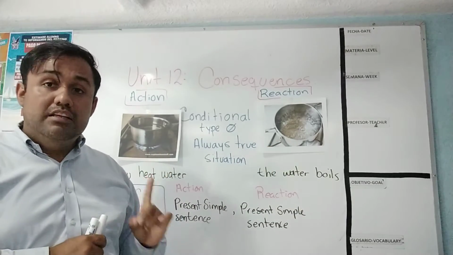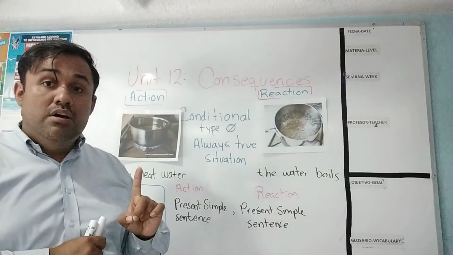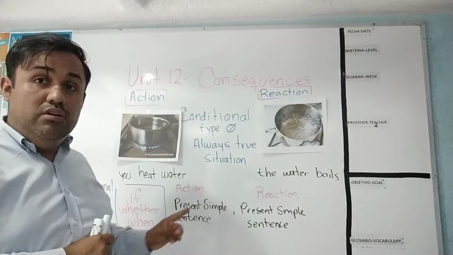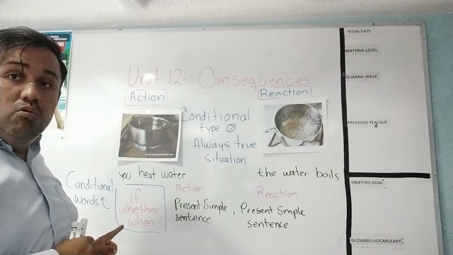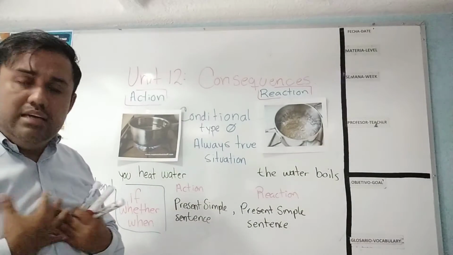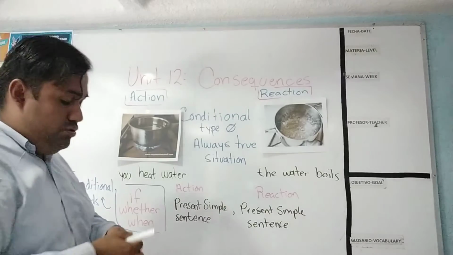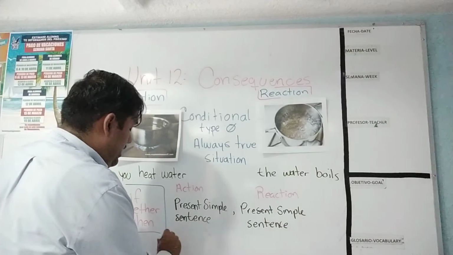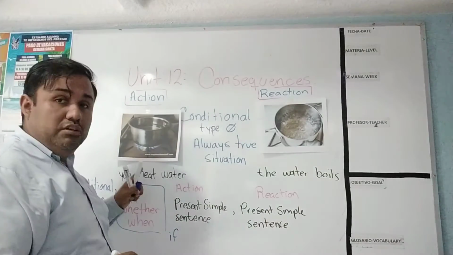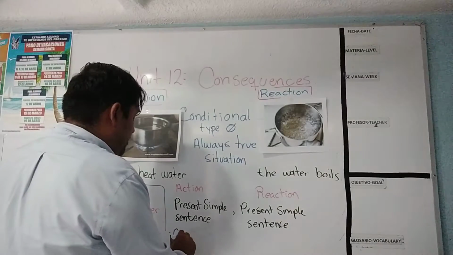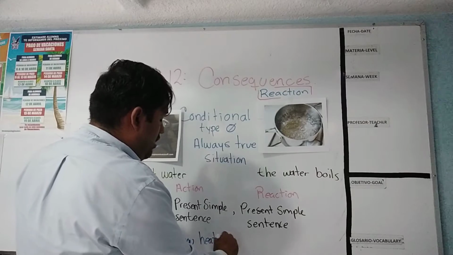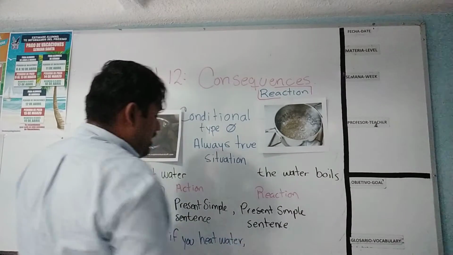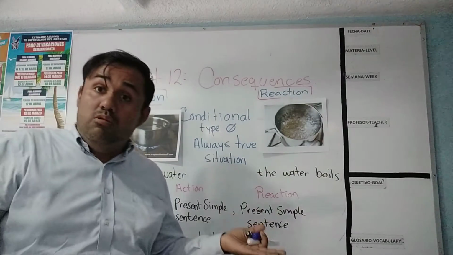And then finally, to create a sentence with the conditional type 0, one word is necessary: if, whether, or when. In this case, I am very used to using the word if. If, what is my action? My action is, if you heat water. If you heat water, what happens?